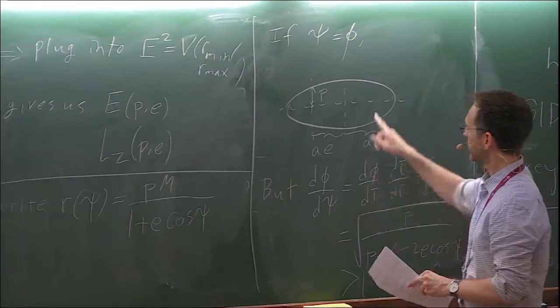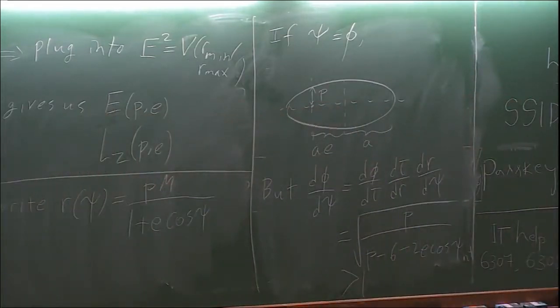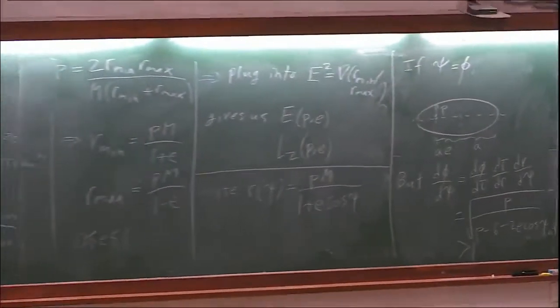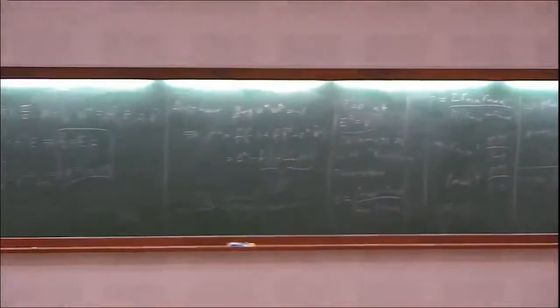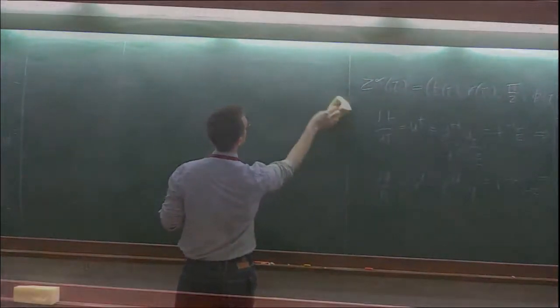So what that means is you don't have an ellipse, you have orbital precession, where in one radial cycle, you complete more than one azimuthal cycle. Psi goes to psi plus 2 pi.